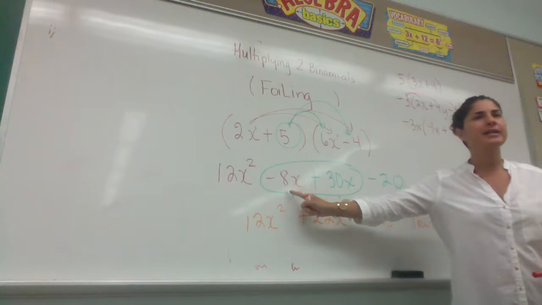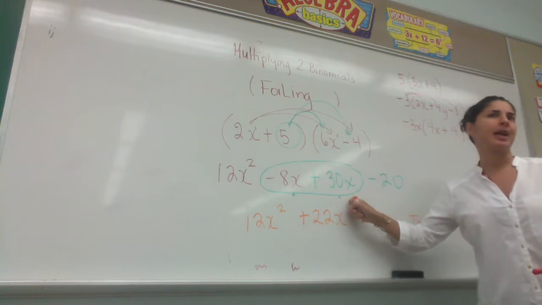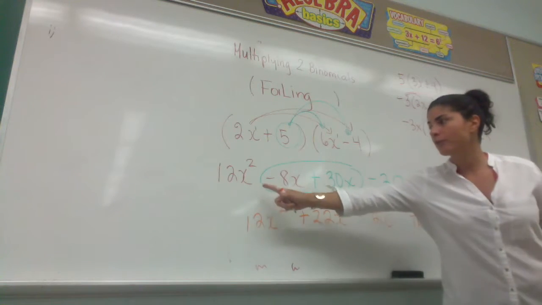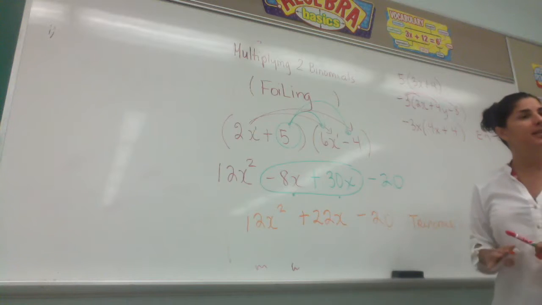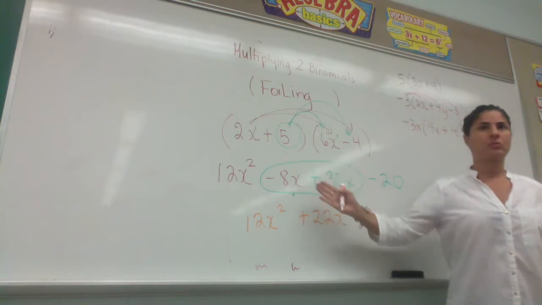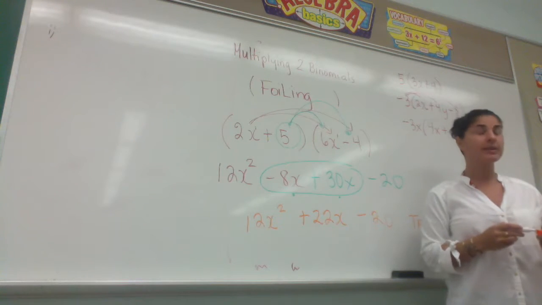For example, minus 8x plus 8x. What ends up happening? We have no x's, so we're left with the first term and the last term, which ends up being a binomial. But the chances of that are less than having two terms that you have to add or subtract.